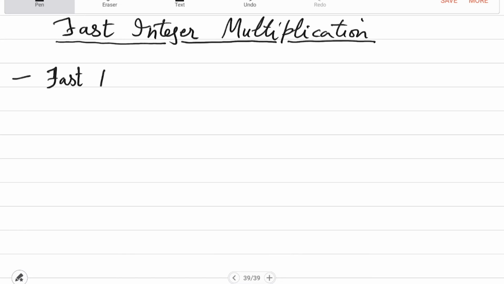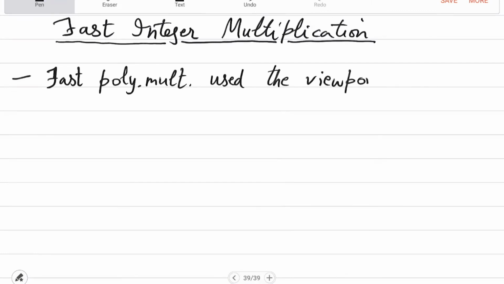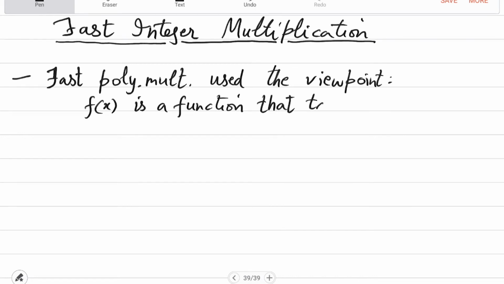Fast polynomial multiplication uses the viewpoint of evaluating the polynomial and then multiplying, the DFT. f(x) is a function that takes values, and can be learned from the values, which is interpolation or DFT inverse.